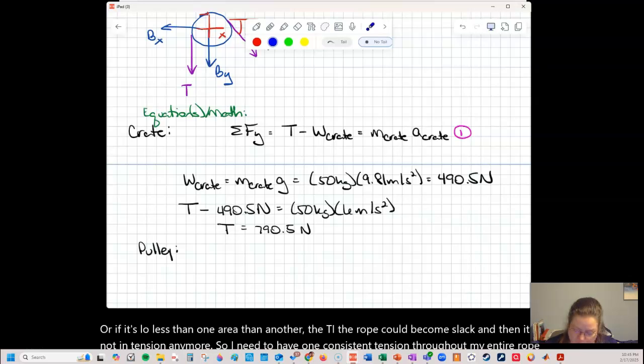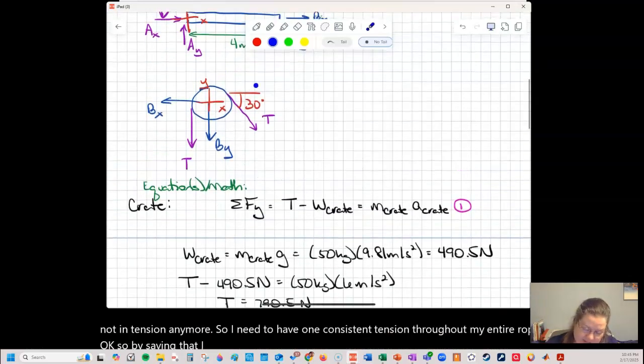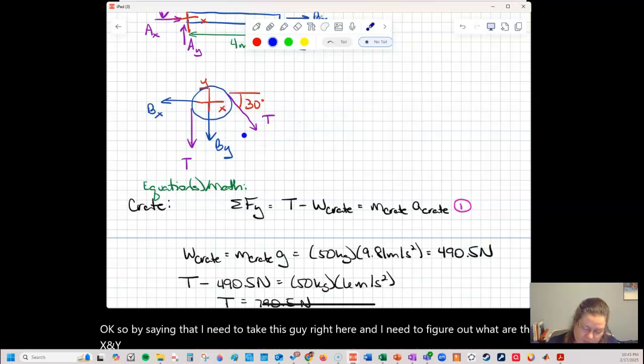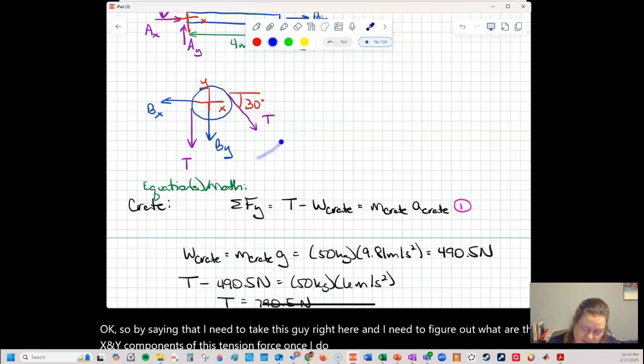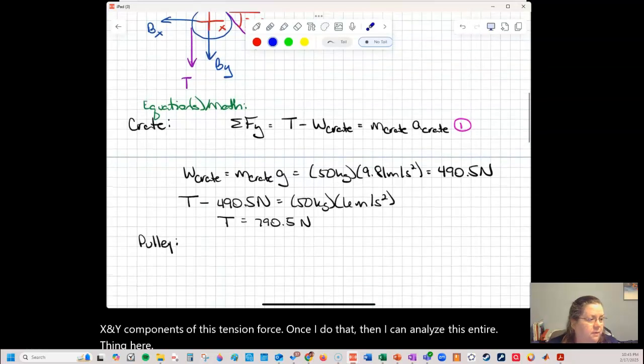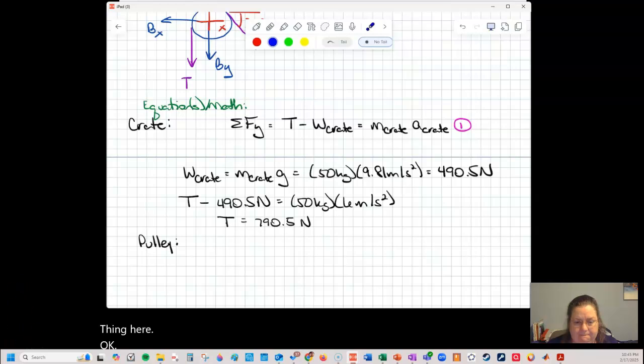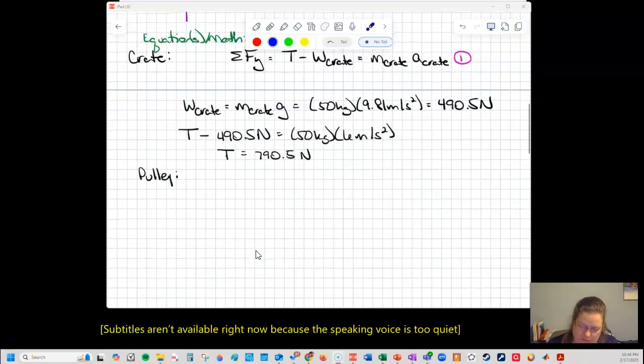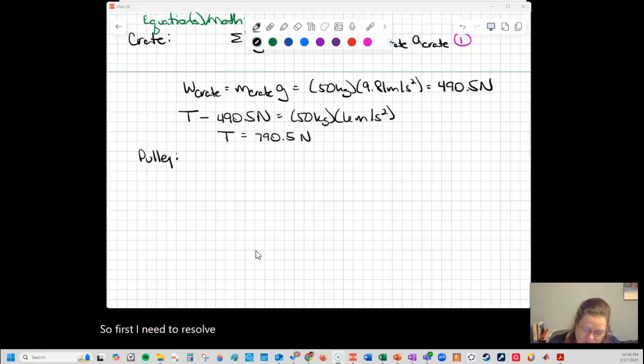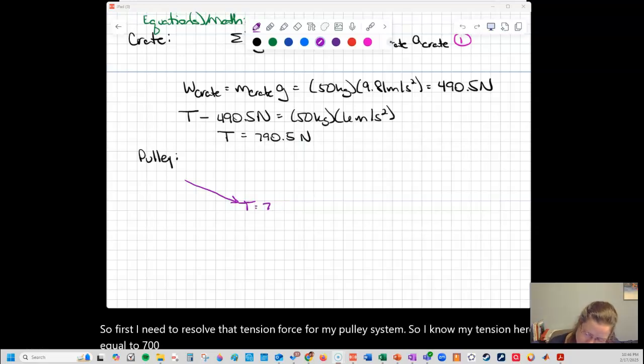Okay. So by saying that, I need to take this guy right here and I need to figure out what are the X and Y components of this tension force. Once I do that, then I can analyze this entire thing here. So first I need to resolve that tension force for my pulley system. So I know my tension here is equal to 790.5 newtons.